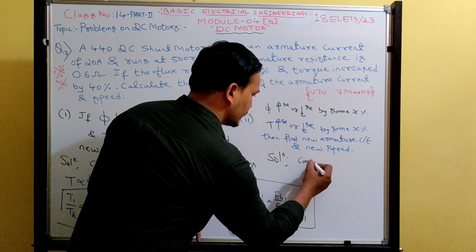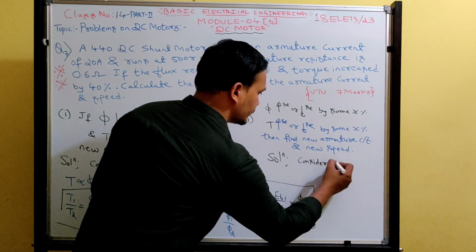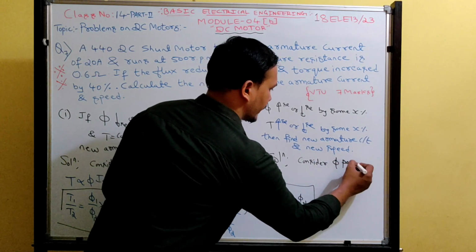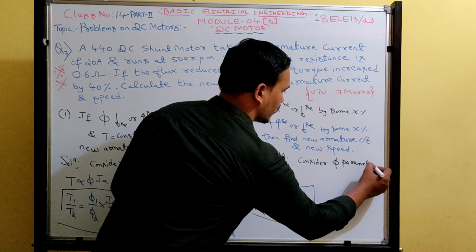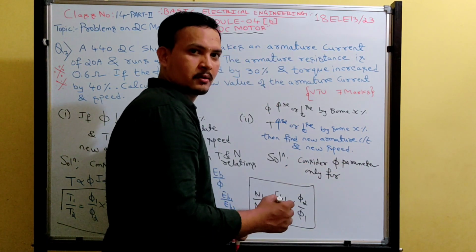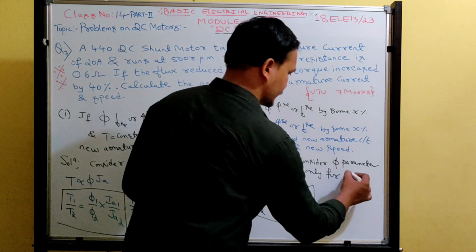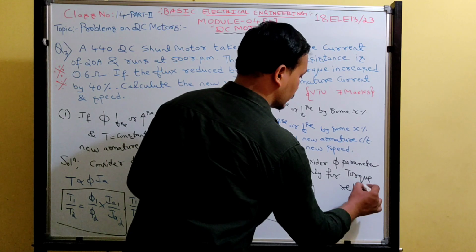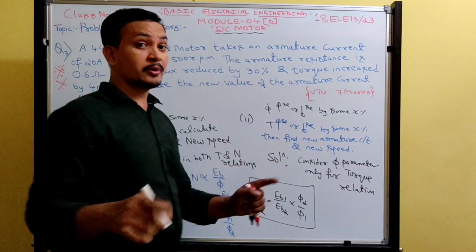Solution is consider flux parameter only for which one? Very good. Torque relation. Consider flux parameter only for torque relation. What about speed relation?